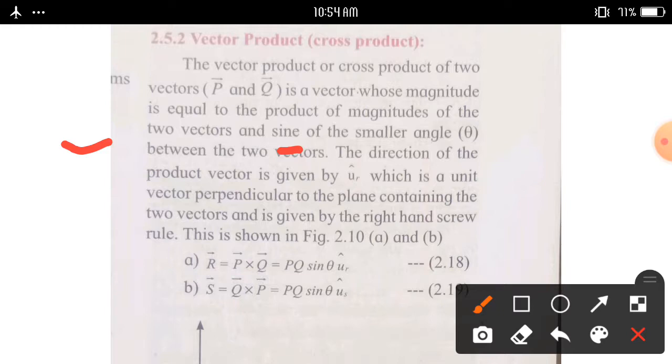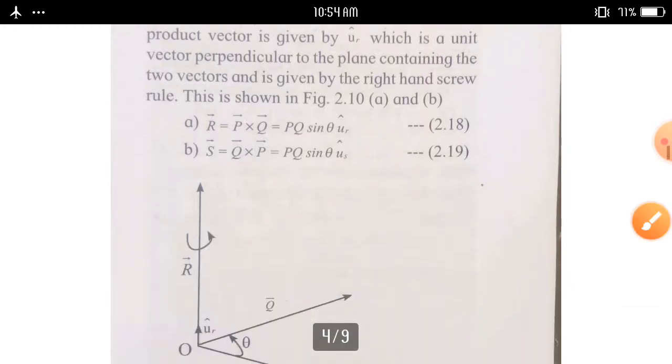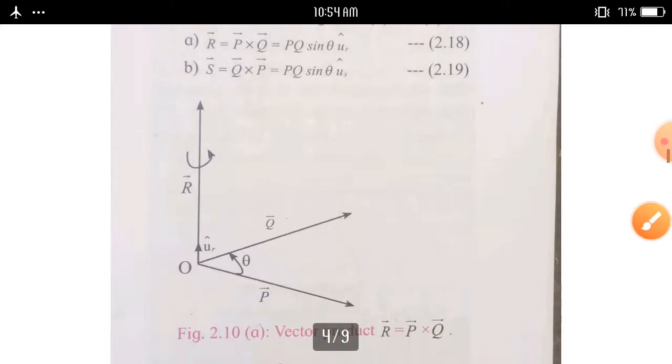Let us consider that the direction of the vector product is given by u cap, which is a unit vector perpendicular to the plane containing the two vectors and is given by the right hand screw rule. This is expressed in the following figures. See this figure. In scalar products we consider only magnitudes, and in vector product we consider both magnitude as well as direction.